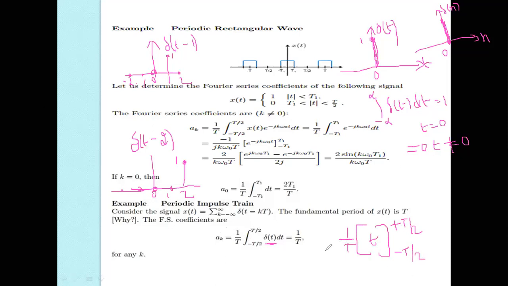Substitute that: 1 by T into plus T by 2 minus of minus T by 2 is T. So 1 by T into T, T and T get cancelled. Okay, T and T get cancelled. Here it is not the one.